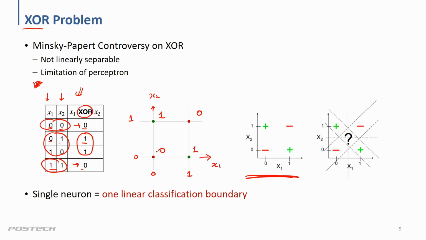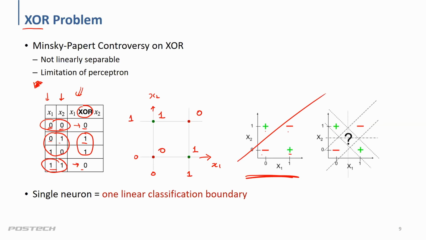You can think of these as the positive and the negative, it doesn't matter. And if we have the training data set distributed or located like that, the question is, how do I divide it using binary classification or a perceptron? With a single line, I cannot.